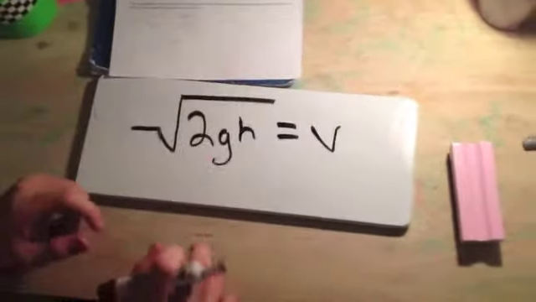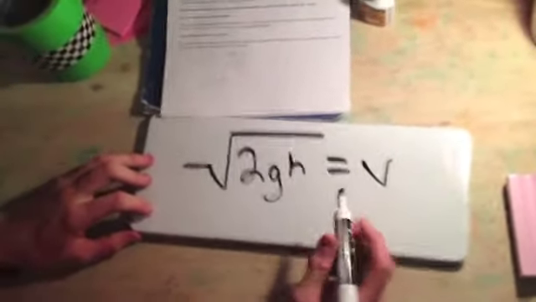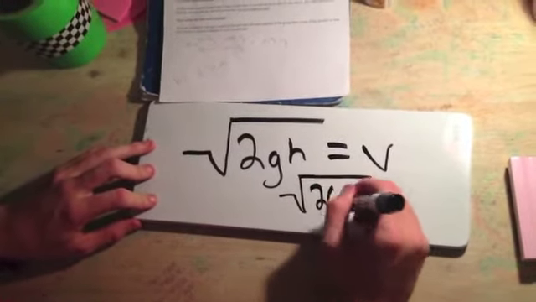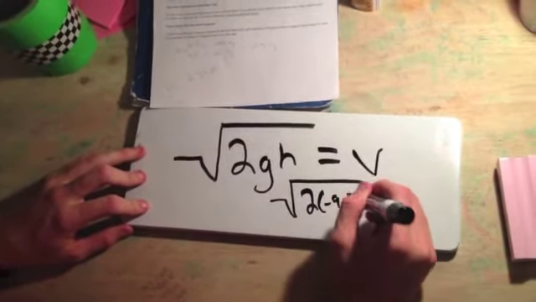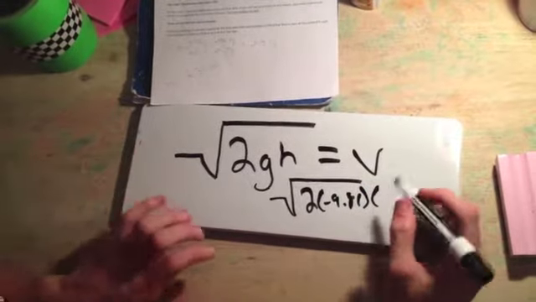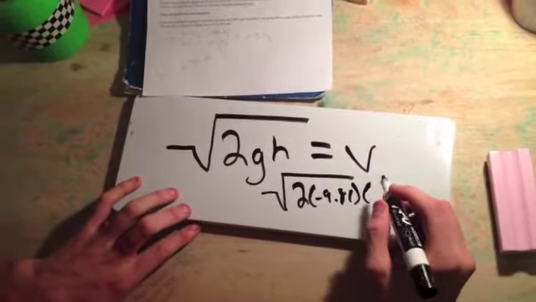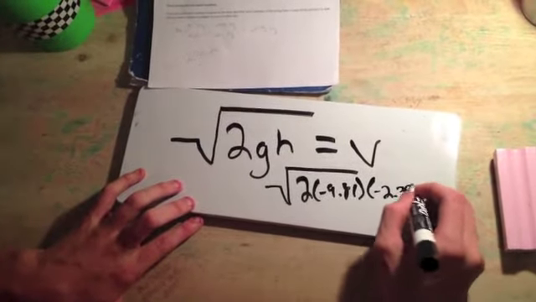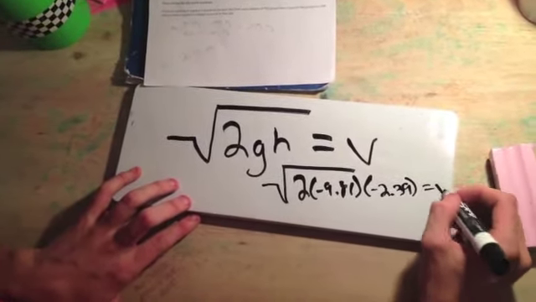So we can take this equation and plug in our givens. Radical 2 times negative 9.81 times our delta y, or our height, which is negative 2.39 meters, would equal our velocity.